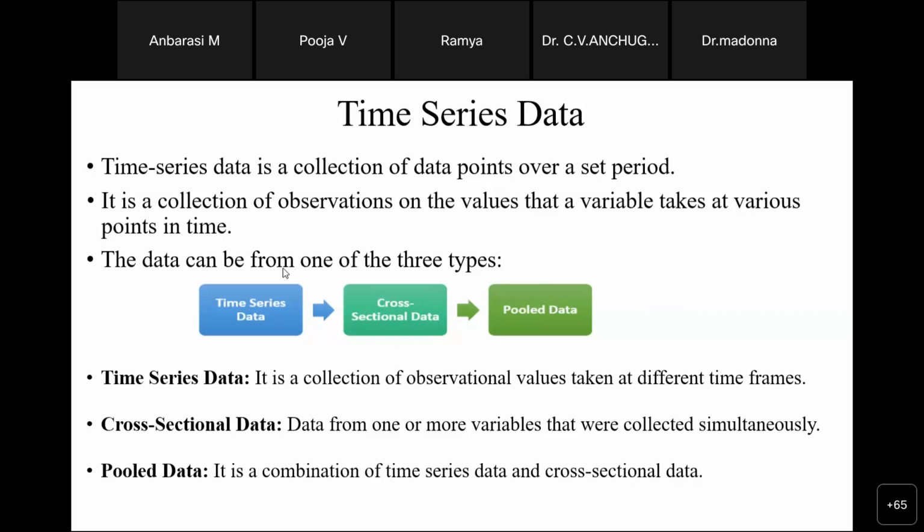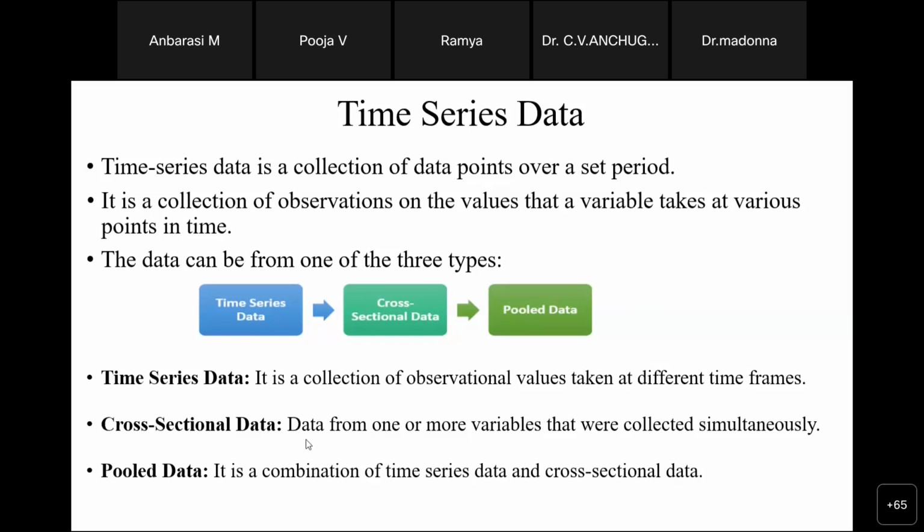The data can be of three categories: time series data, cross-sectional data, and pooled data. Time series data is a collection of observational values taken at different time frames; for a particular time, the values keep being collected.